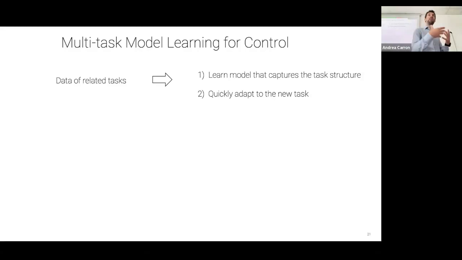What is important in this domain is to be able to generalize to different tasks. For example, imagine that you have a robotic arm that has either to open a door or to lift a weight, or in general to perform similar but different tasks. What we would like is to learn a model that captures the task structure, but at the same time is able to adapt quickly to the specific task.